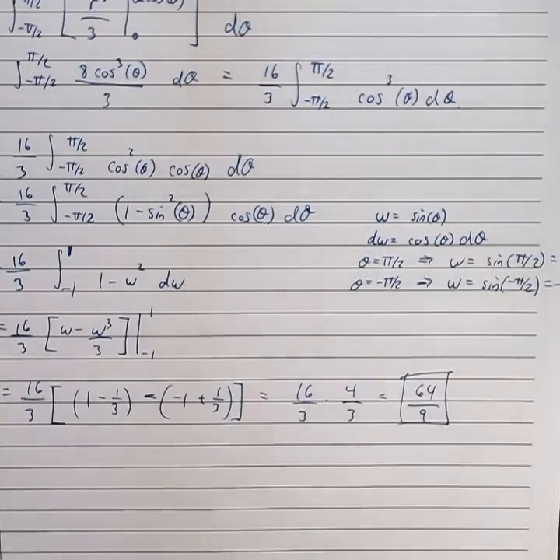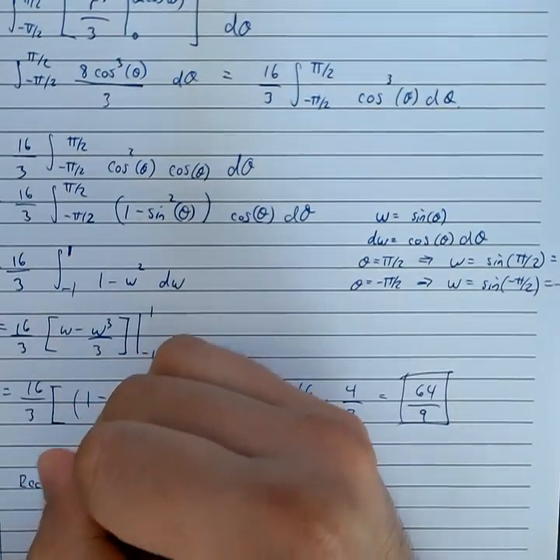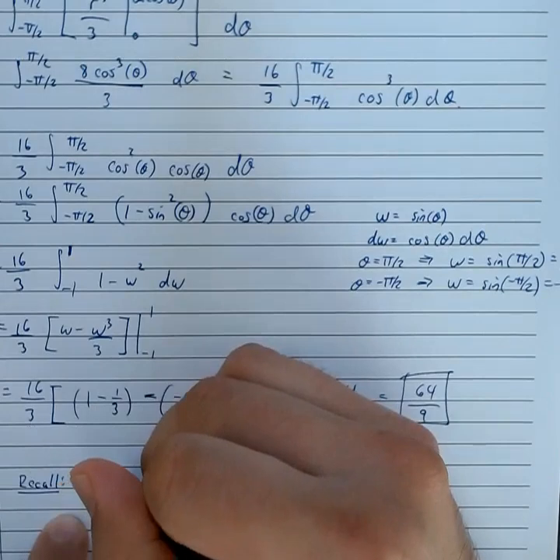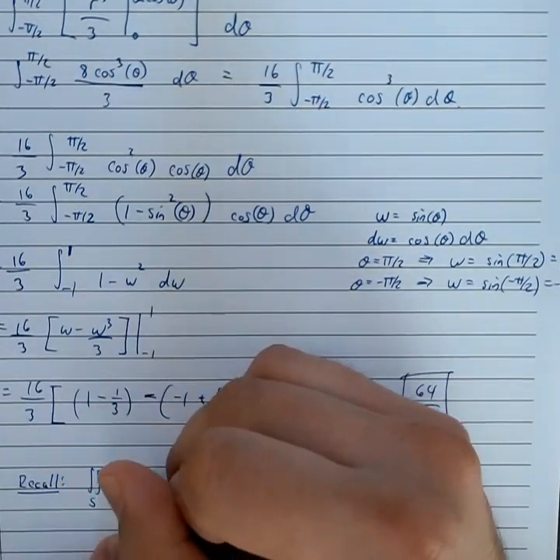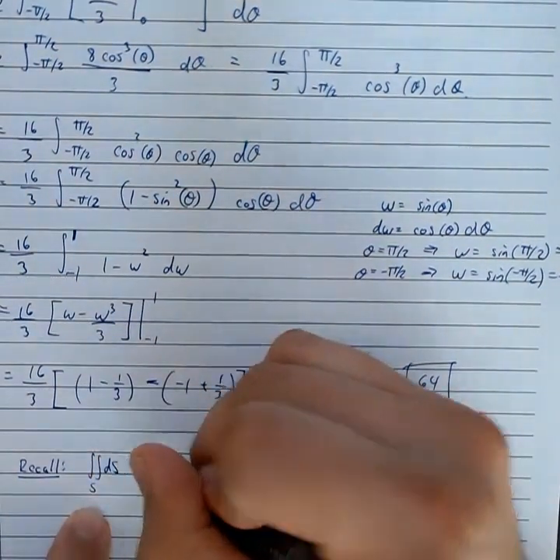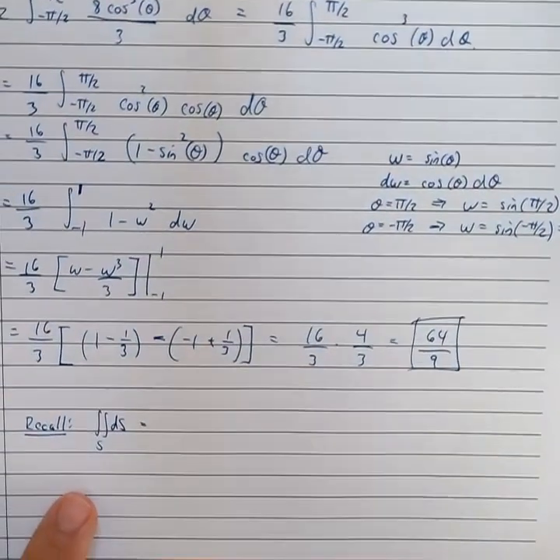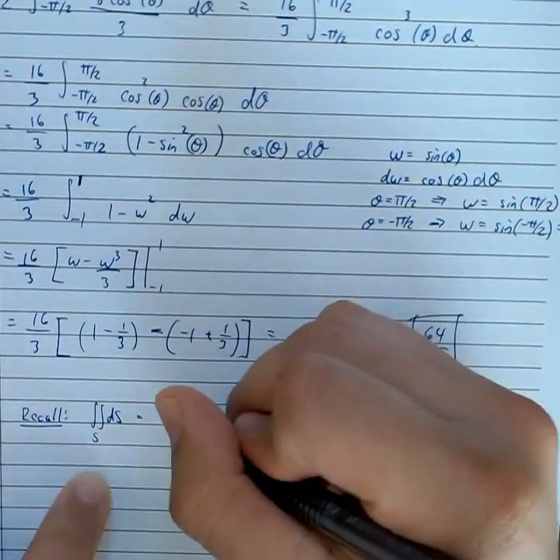Okay, let's take a look at another example. Recall from our previous section that a double integral over S of ds, we saw done in rectangular coordinates, but we also see it done with a parameterization.